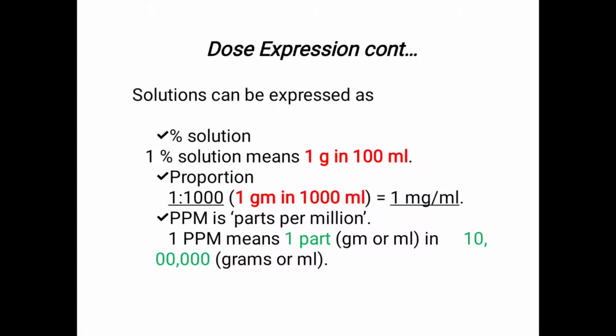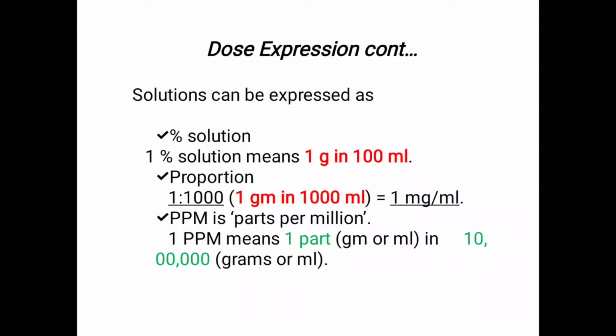Don't get distracted. A proportion of 1:1000 means 1 gram in 1000 ml, that is 1 mg per ml. ppm is parts per million, as we have studied in chemistry in the 12th standard in the molarity chapter, moles lessons. So 1 ppm means 1 part, gram or ml, in 1 million parts.